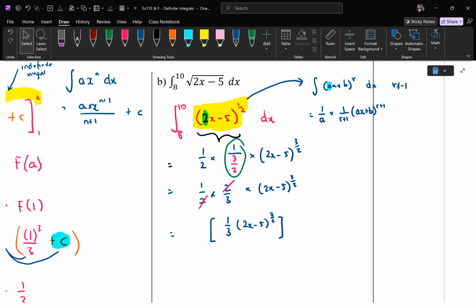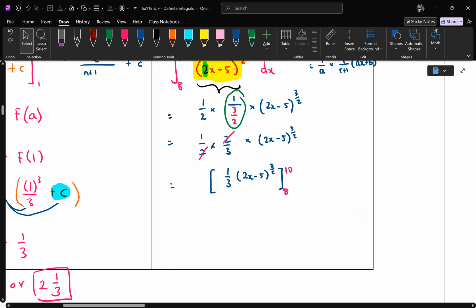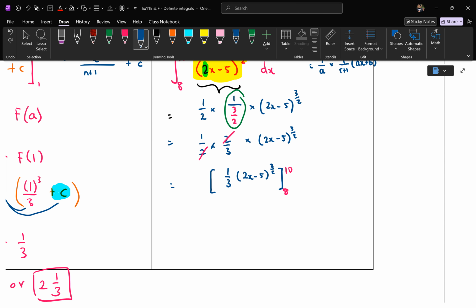We're doing definite integrals. We've got 8 to 10. So I use square brackets. That's the notation that we use. And we put in our intervals from 8 to 10. Using the fundamental theorem of calculus, it means you're going to sub in 10 minus sub in 8. So here we go.